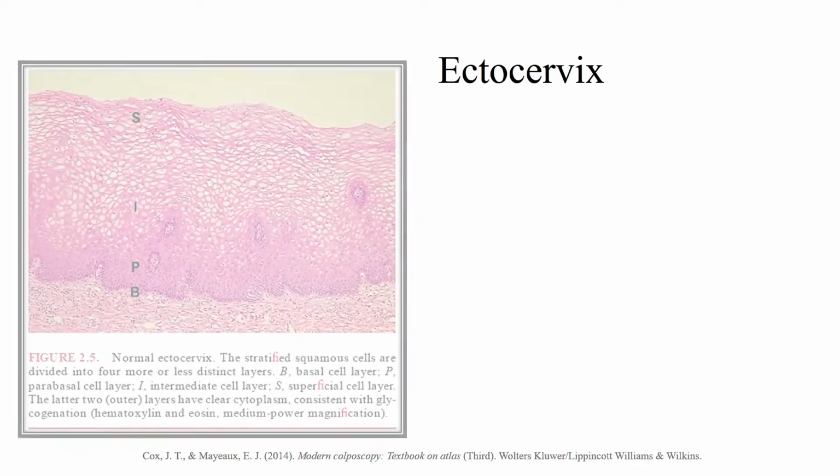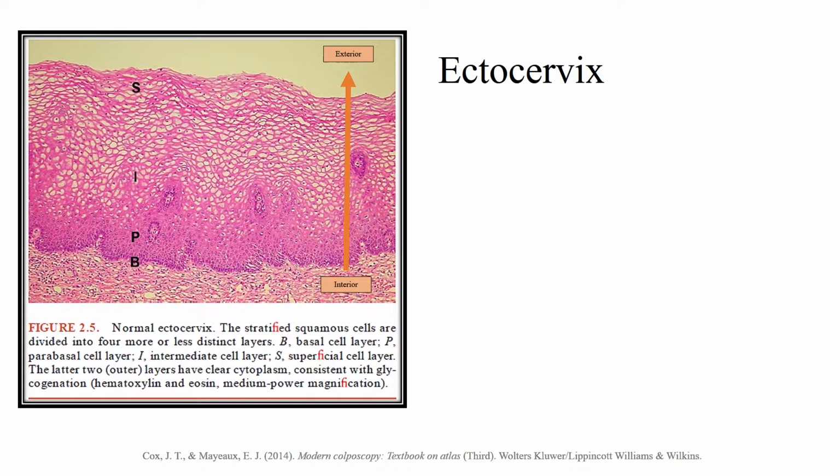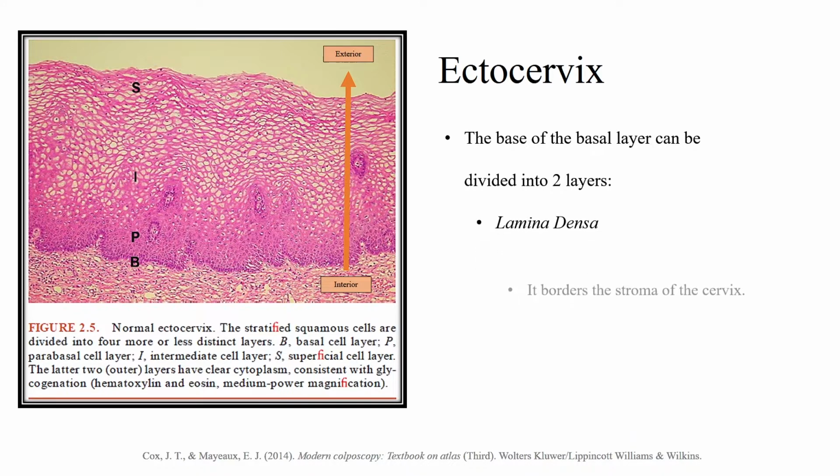These layers, however, can also be divided into two layers: the lamina densa and the lamina lucida. The lamina lucida is proximal to the basal lamina.